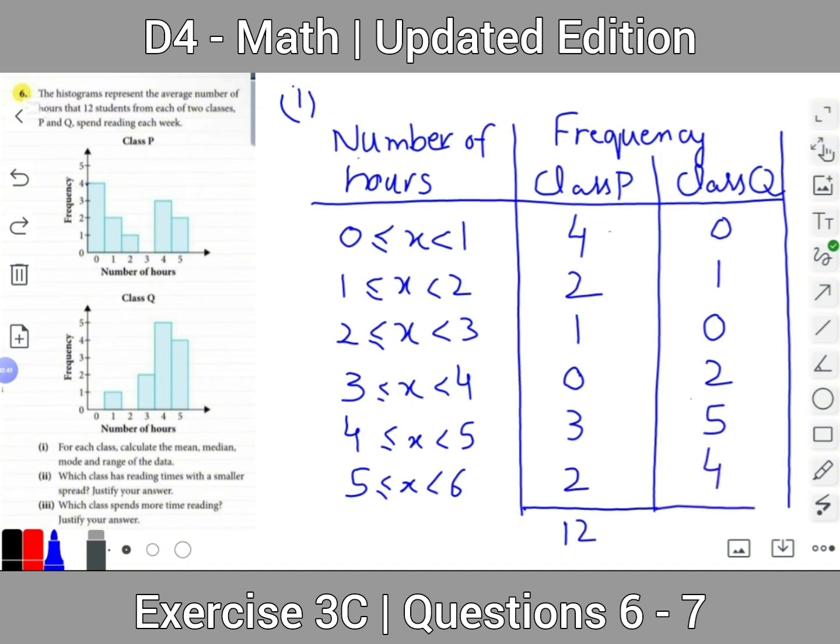Again the sum of frequencies for class Q is 12. So this is the frequency table.